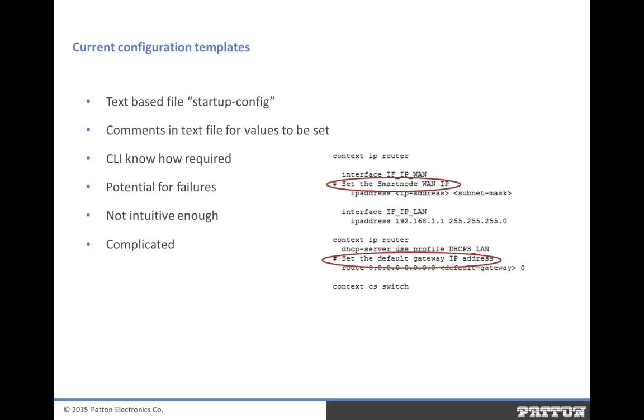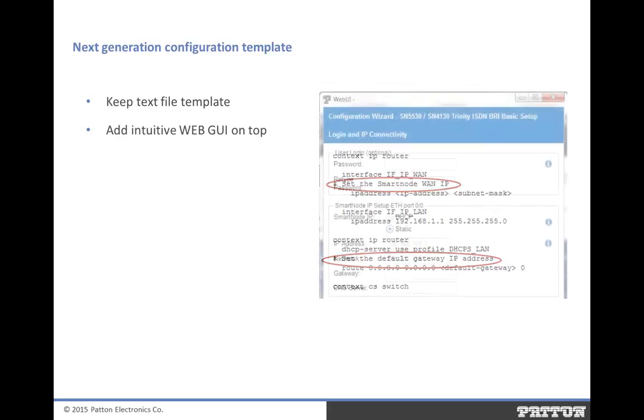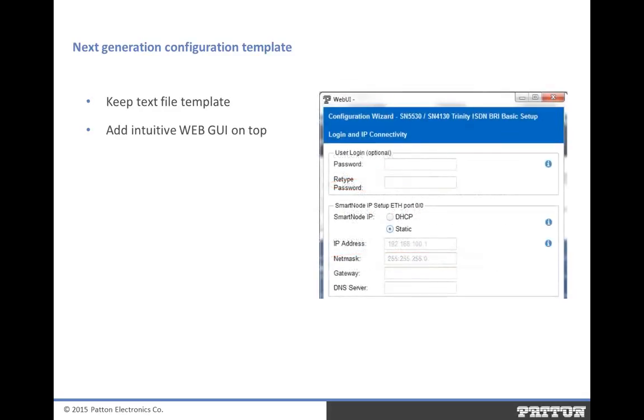Imagine if you just put in one digit at the wrong place, it can mess up the entire config and you wouldn't be able to reach the unit by its IP address, for instance. So we said, how can we make this simpler? We just want to put a graphical web interface on top of that configuration template, which is what we call the Web Wizard, and which, by the way, looks like this.